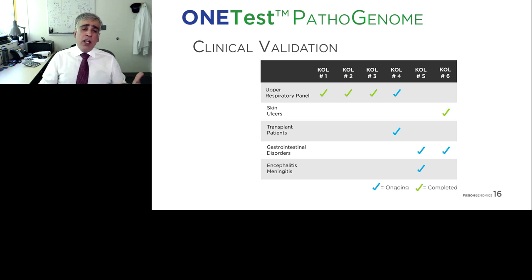And then we have also tested it in scientifically challenging situations, for example, in skin ulcers, where it is very difficult either to culture those bacteria or, even if you can culture them, to differentiate various types and subtypes. Similarly, we are undertaking studies in transplant patients for various things, also in GI disorders and also encephalitis meningitis. These are just some of the studies we have undertaken to date.